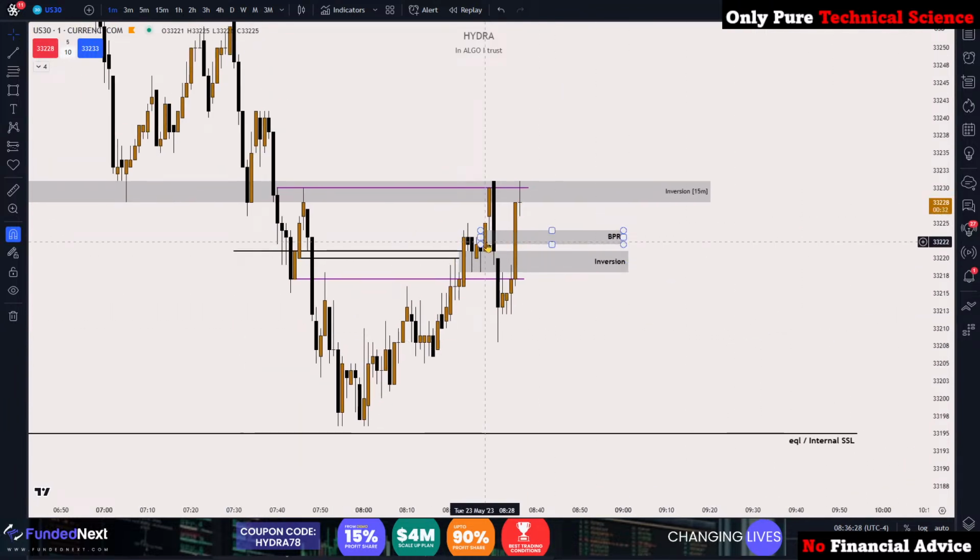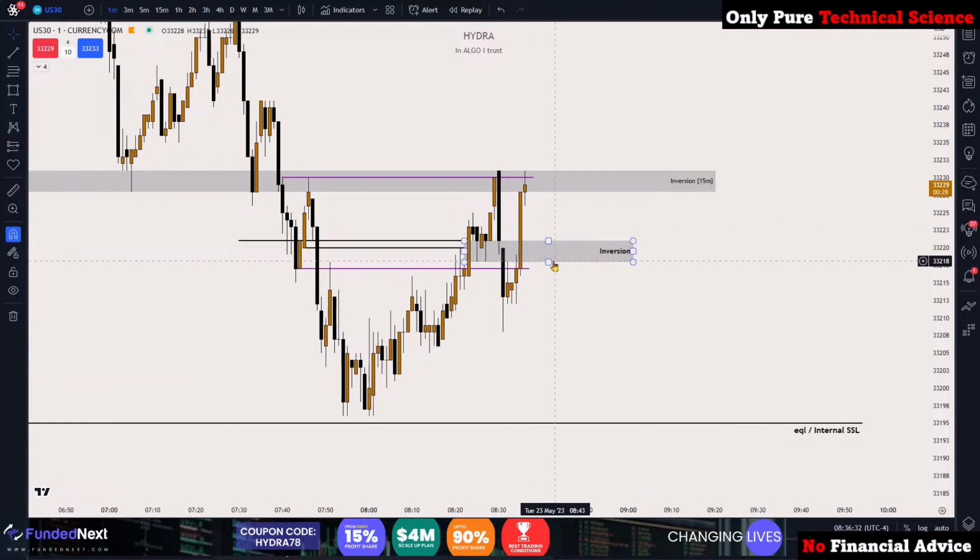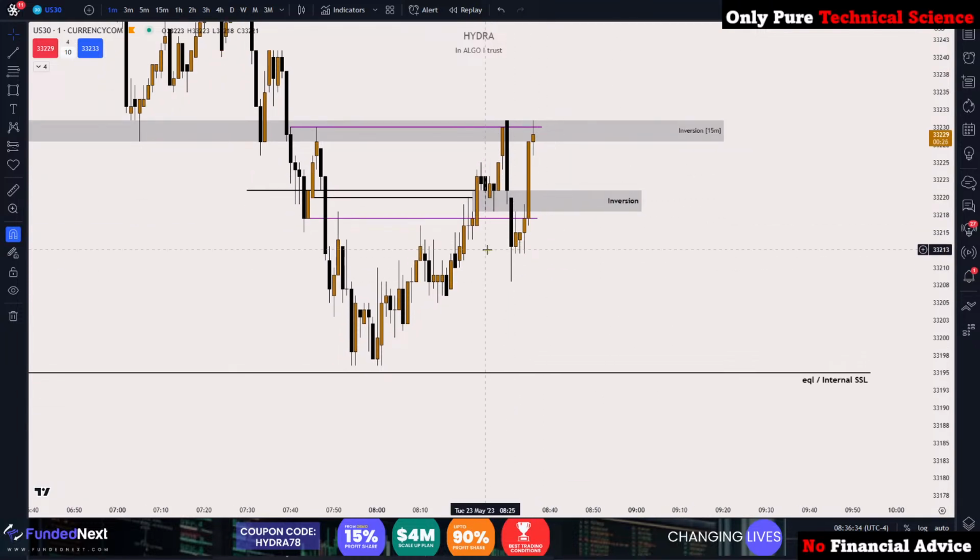So our BPR failed, the last line of defense failed, and the inversion failed. It was a good setup though, in my eyes, but it wasn't takeable because of the news that we have at 9:45, and you can clearly see the price generated a lot of relative equal lows.